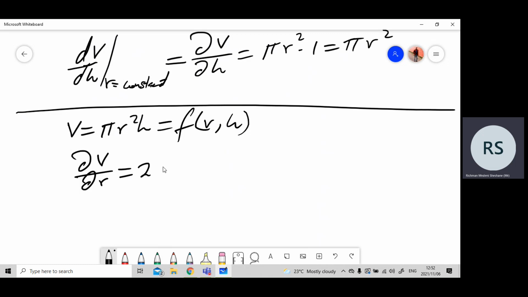So this, we found that is 2 pi rh. Okay, we're just deriving r squared. Okay, and also the partial derivative of v with respect to h will be pi r squared, because we derive with respect to h while we treat r as a constant.